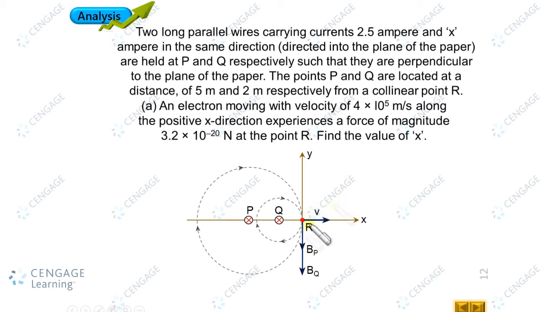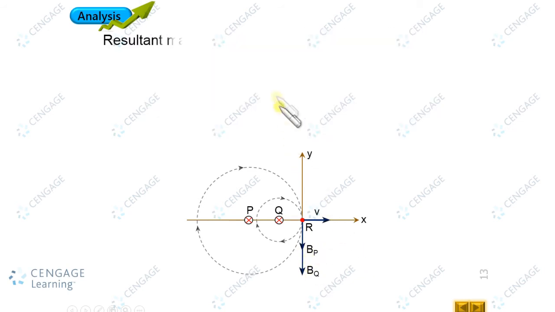So let us first calculate the net magnetic field, that is the summation of this and this. So let us write the resultant magnetic field. You know, the magnetic field due to an infinite wire is equal to mu naught I divided by 2 pi r, and here the distance of this point from R is let us say dP, right? Let us write it dP, this distance.